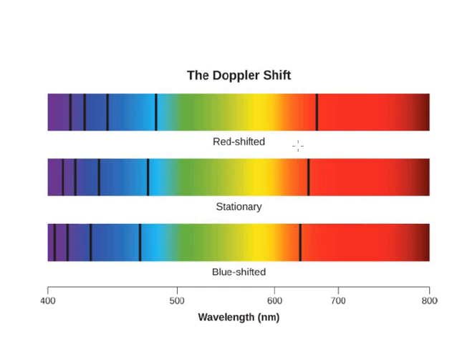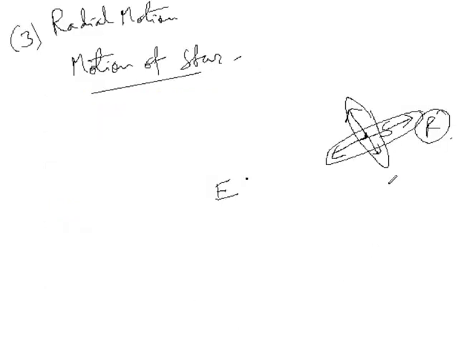But remember, these wavelength shifts are unaffected by transverse or proper motion. Proper motion means transverse motion across our line of sight. So this is proper motion and this is radial motion. So the shifting of wavelength here and here, this is red shifted, this is blue shifted, as I have just shown you now.